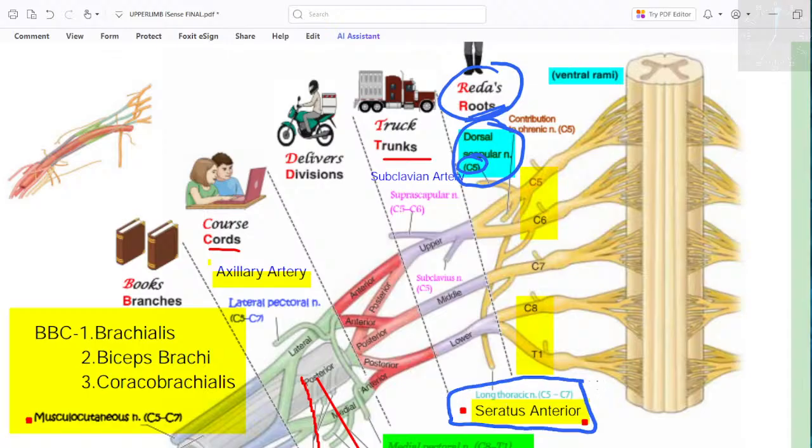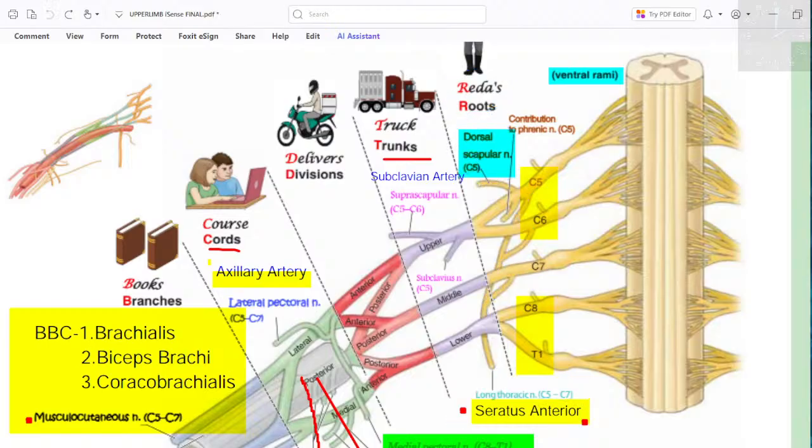Root value cervical 5, 6, 7. C5, 6, 7 all form together to make the long thoracic nerve, and it supplies the serratus anterior muscle. So from the root level, we have the dorsal scapular nerve and long thoracic nerve.